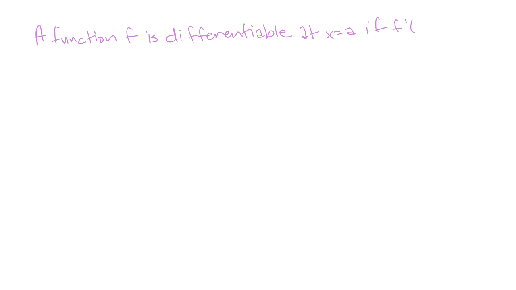So now this leads us to be able to define if f is differentiable at a point A. So we can say, if function f is differentiable at x equals A if the derivative exists.